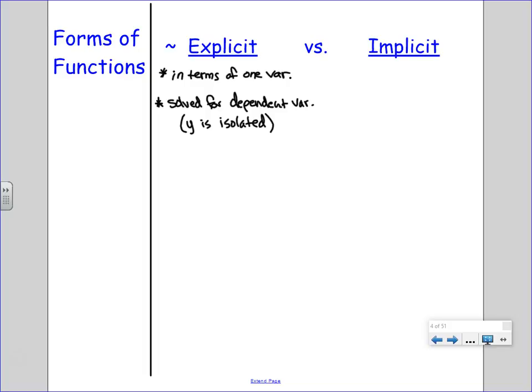The dependent bar has been solved for, aka y is isolated, aka y is by itself, y equals.